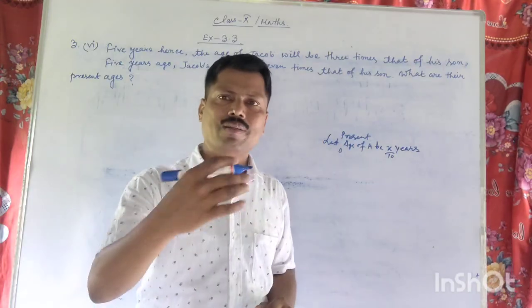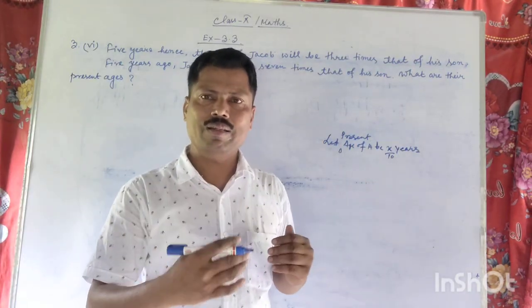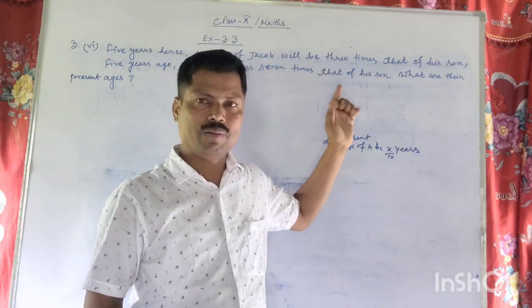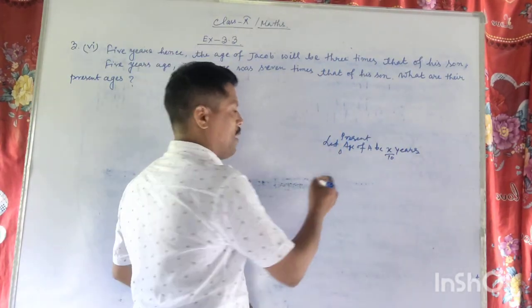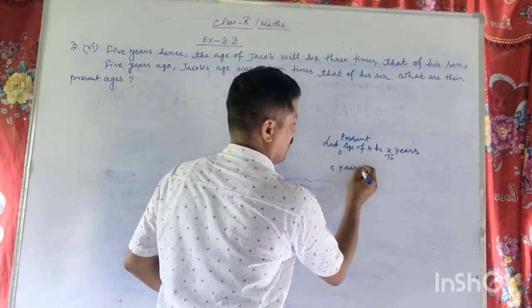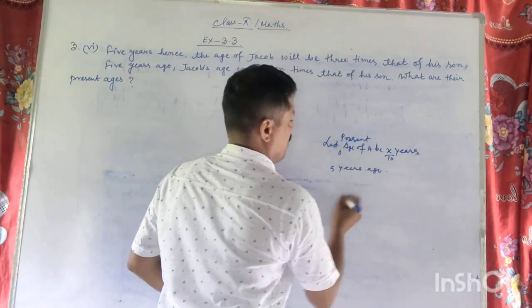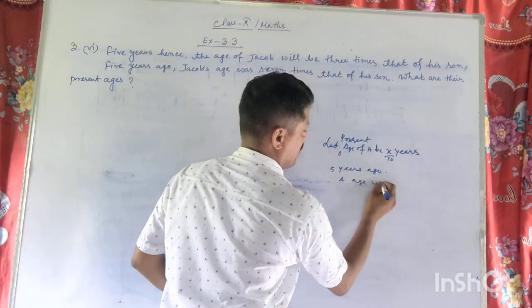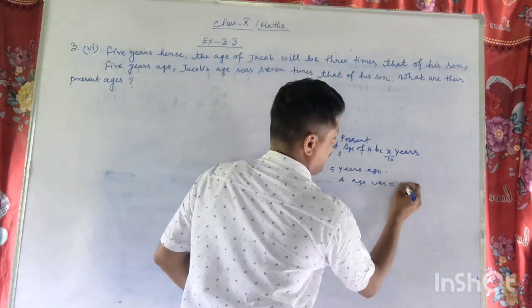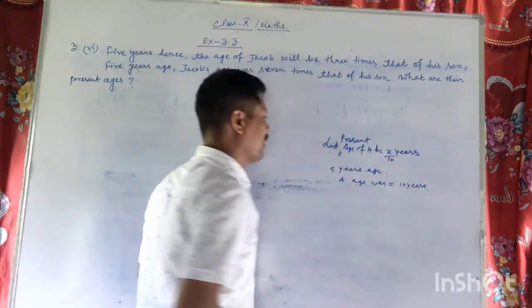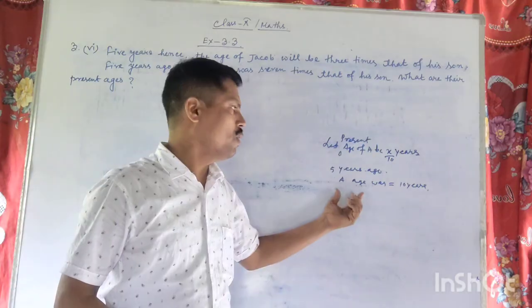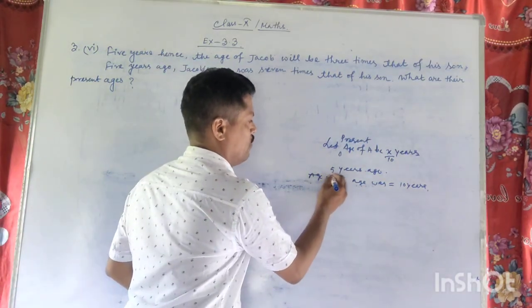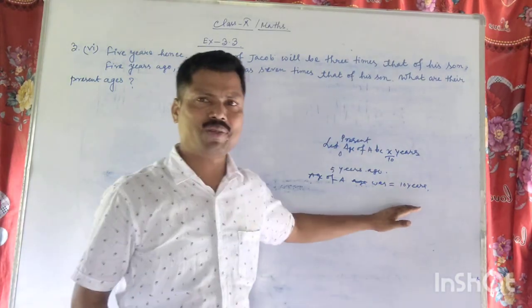That means whenever it says after, we have to add that. And for years ago or before, see, 5 years ago the age of A was 10 years.